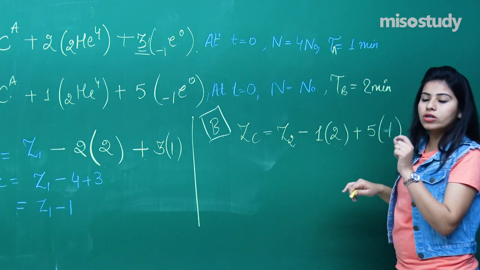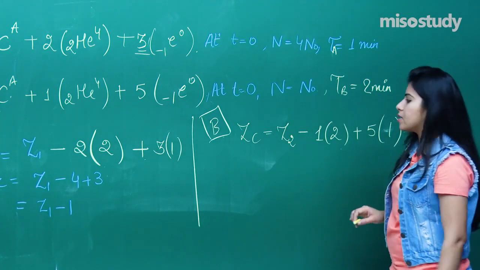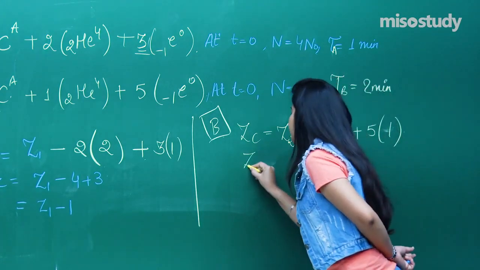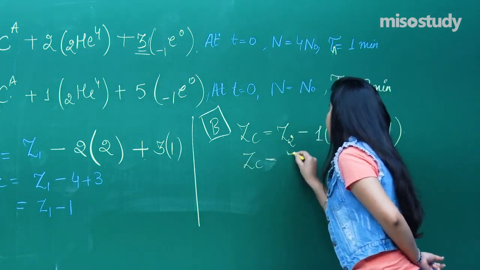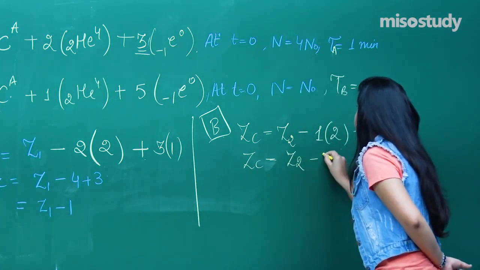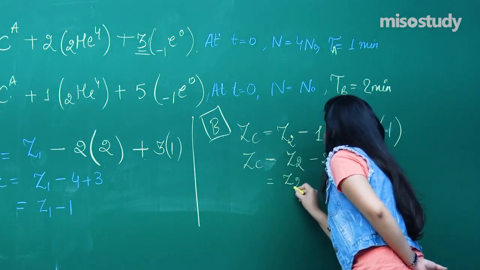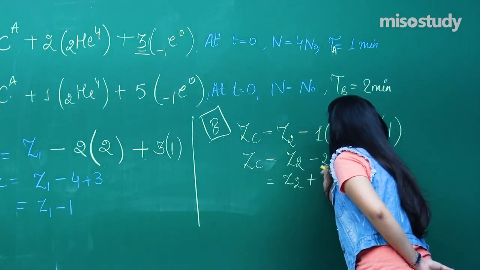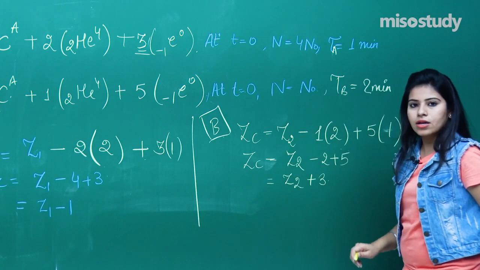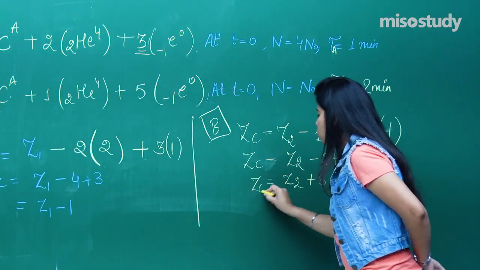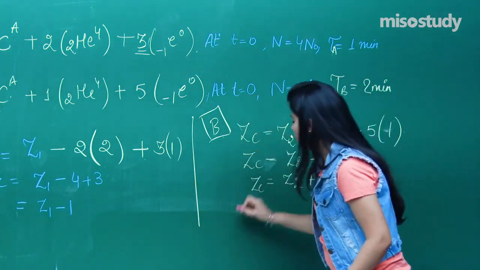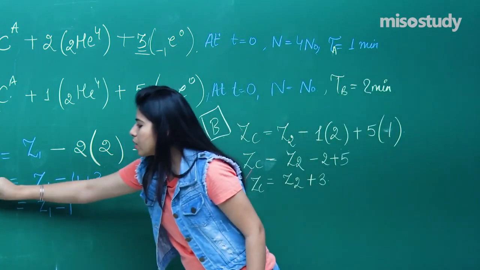As I have shown you in the case of alpha decay and beta decay, ZC from this case will be Z2 minus 2 plus 5, or you can say Z2 plus 3. Now you are having two ZC before you. One is this and another one is this.